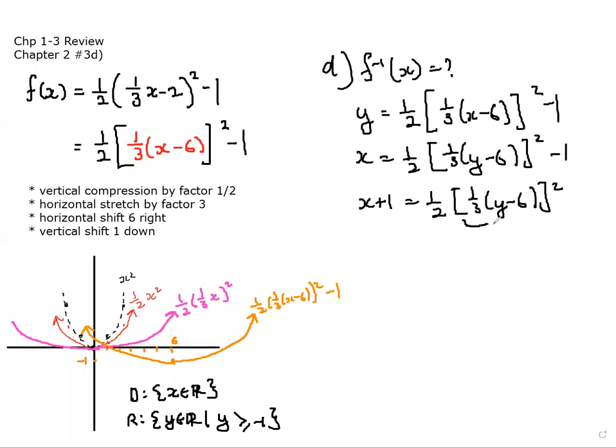Then I want to get this all alone because that has the y in it. I'm going to multiply both sides by 2. And again, I want this all alone, so I'm going to first open up the bracket by square rooting both sides.